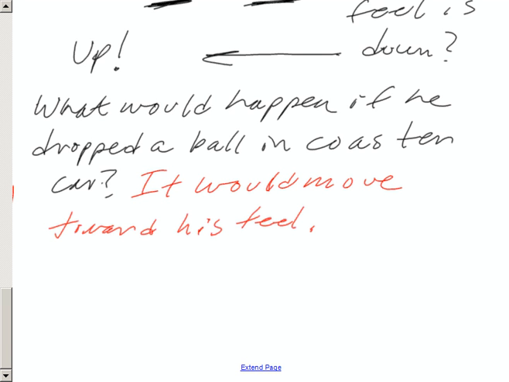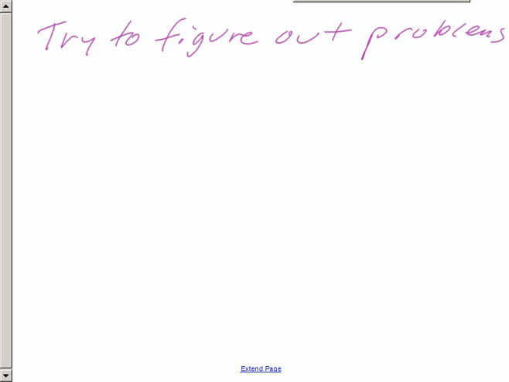They probably won't deal with these last three, or deal with the other ones. And the point of these problems is to see if you can remember how to do these things. So try to figure out problems without looking at notes.